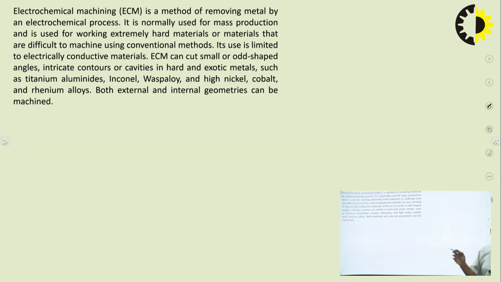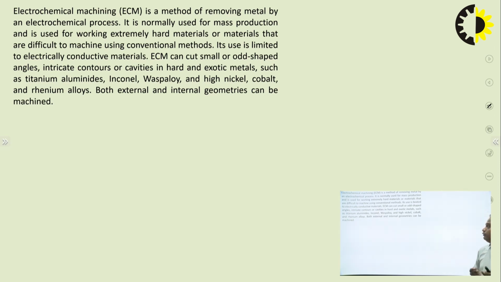Like in electrochemical machining, a method of removing material by an electrochemical process, it is normally used for mass production and for hard materials. And because of electricity limitations, we can use some other processes which do not require electricity, like abrasive jet machining, etc. Then ECM can cut small and odd shaped angles, and complex materials.